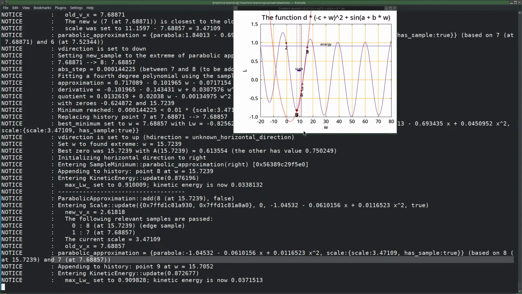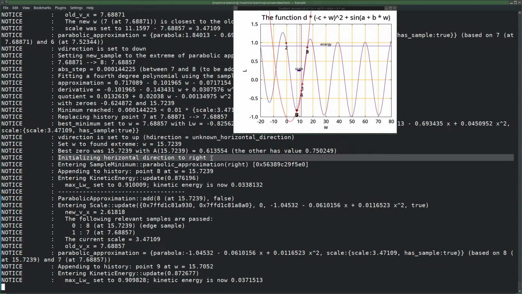I don't think that's happening though, because we now already decided on the direction that we are going into. Well, this was not there before. So now the horizontal direction has been decided on to go to the right, because you picked the right of the 2 zeros.